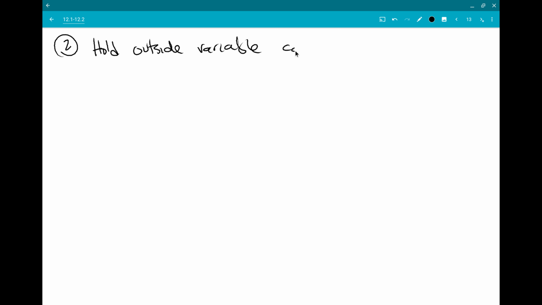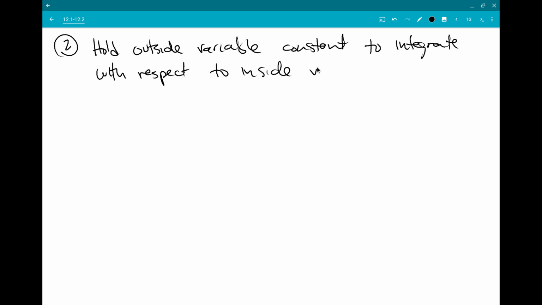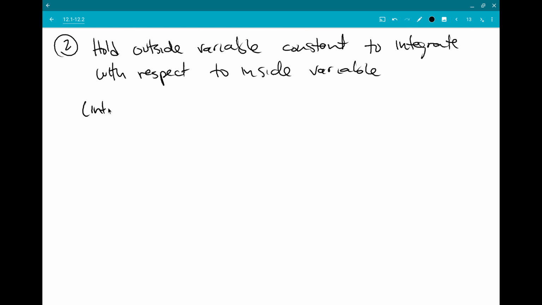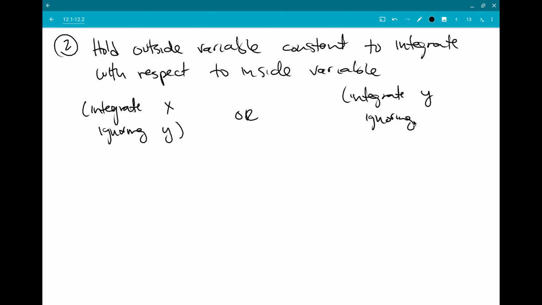You hold your outside variable constant to integrate with respect to your inside variable. So for the two different paths we're on right now, first you integrate with respect to x, ignoring y, or integrate with respect to y, ignoring x.